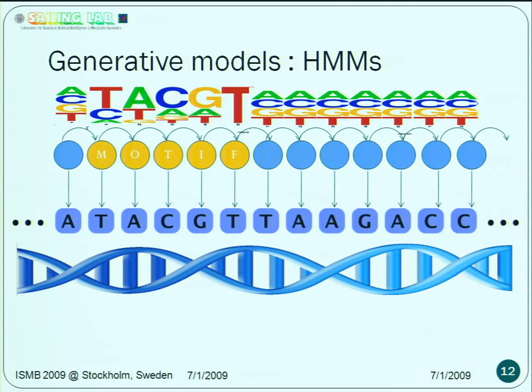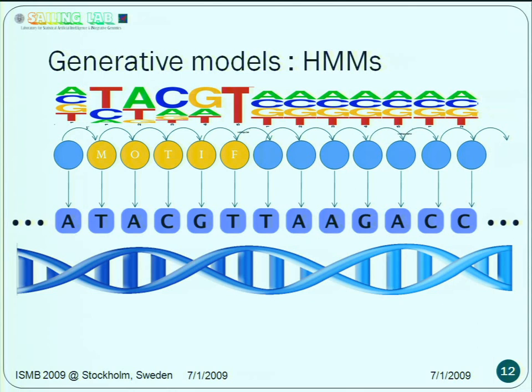So traditionally, to overcome this problem, what has been done is to go on to more complicated generative models, such as hidden Markov models. What these do is have a statistical formalism in place, which would allow for generating each sequence of the nucleotide based on an underlying model, which somehow models the locations of the binding site.